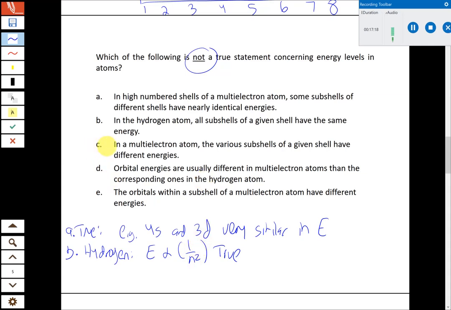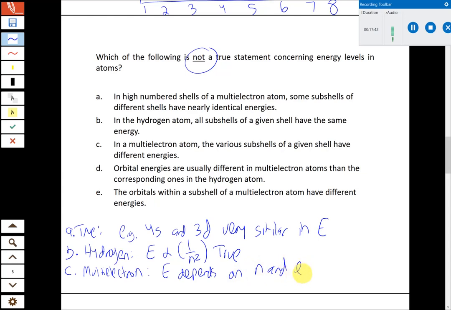Then choice C: in a multi-electron atom, the various subshells of a given shell have different energies. This is also going to be true because in multi-electron atoms it's a more complex relationship. There's not a simple mathematical relationship, but the energy depends on n and l.